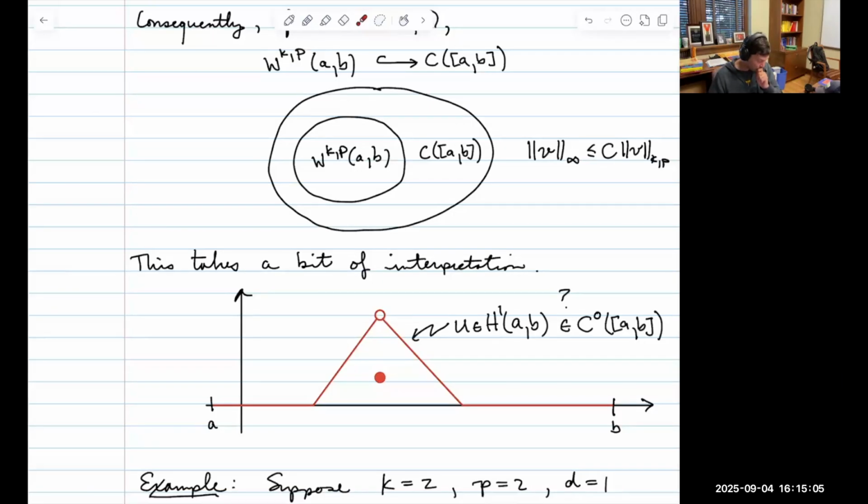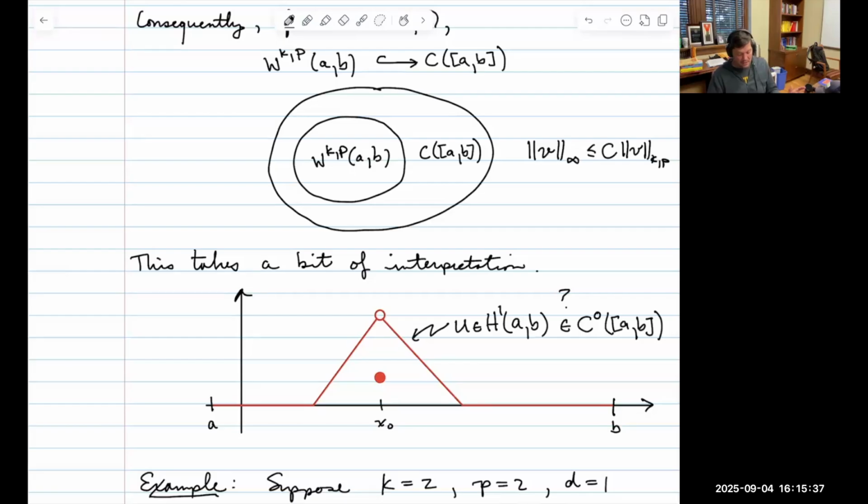So this is still true that functions from this space, these Sobolev spaces, are like LP spaces, or like functions from LP spaces more generally. So in this case, this function here, even though it's H1, is not continuous because, well, I don't know what this value is here at this point, say, x naught.